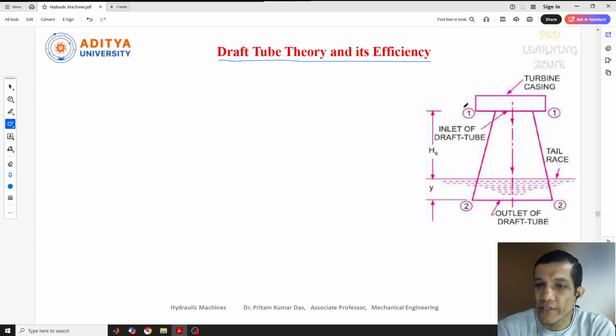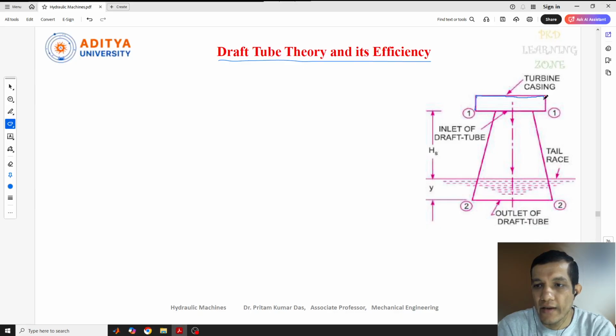To discuss this, I have considered a draft tube connected to a turbine outlet, but here the turbine is not shown. I have taken this diagram from the book. Suppose this is the turbine casing.